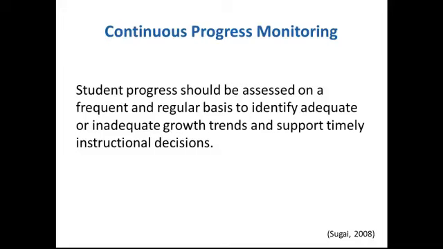The frequency of progress monitoring is really going to depend on the need of the student, so that those with the most intensive needs are monitored more frequently than those who are on track. And really the gold standard would be that this kind of data would be easily graphed, so we would have a really easy, quick visual in order to make our instructional decisions.